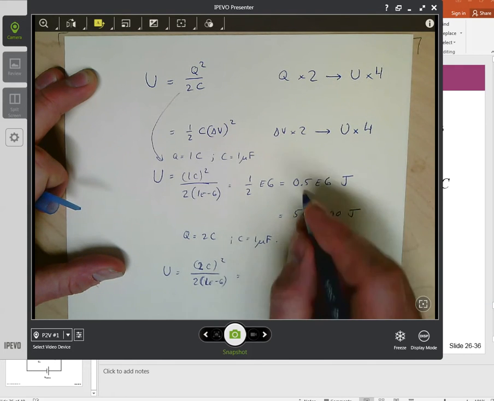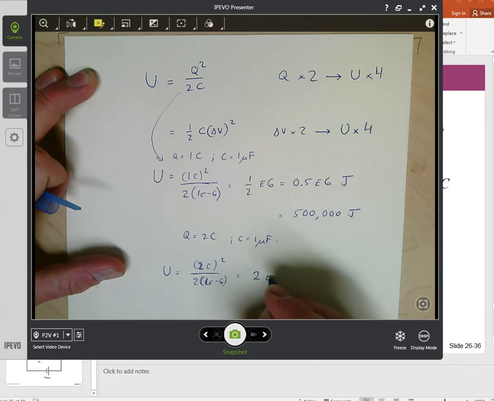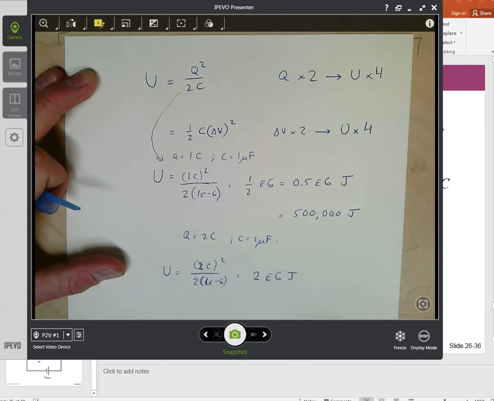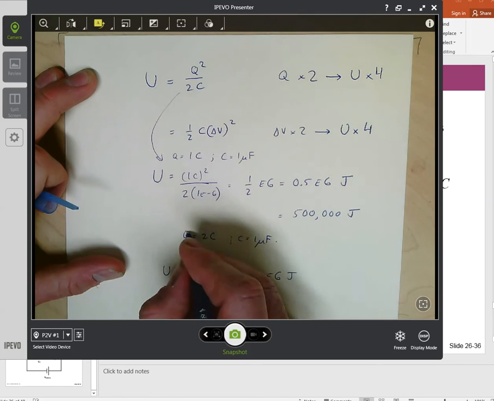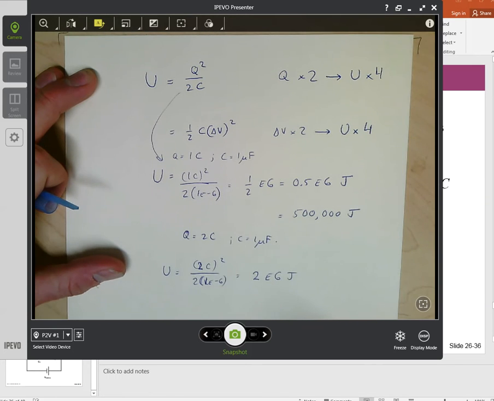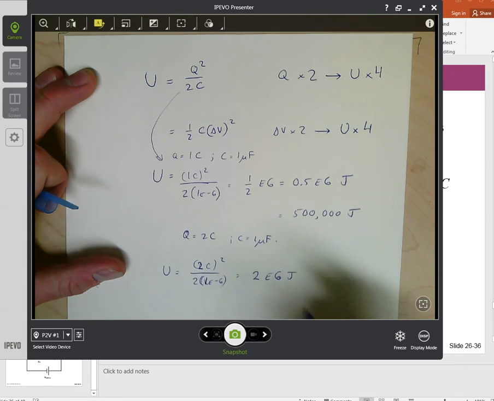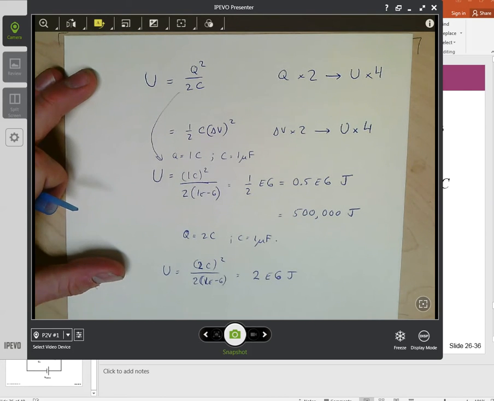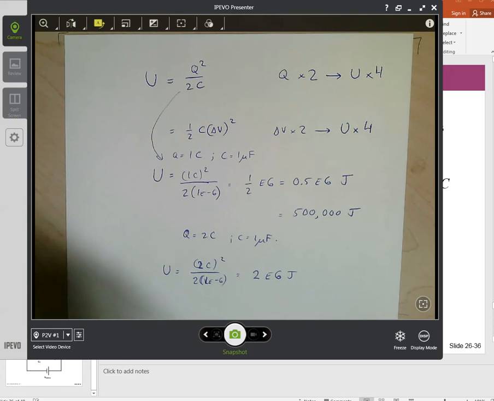The energy is 4 times as much, which is 2 times 10 to the 6 joules, or in other words 2 million joules. Clearly these numbers are not realistic for the tiny capacitor that we passed around in class, but nonetheless it gives you a feel for the scaling of how much energy is stored.